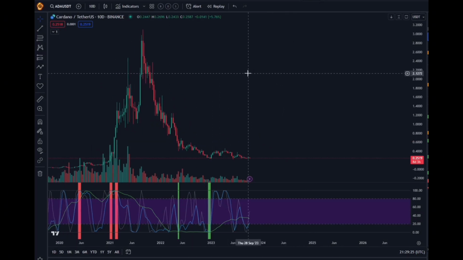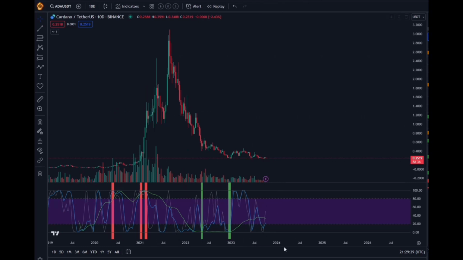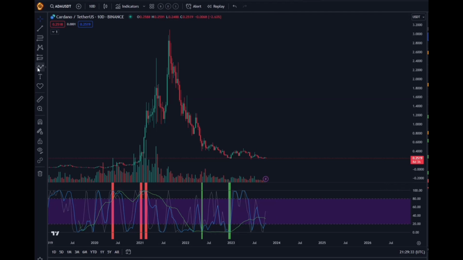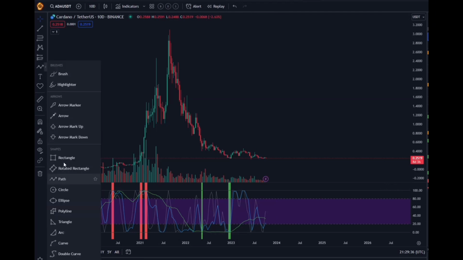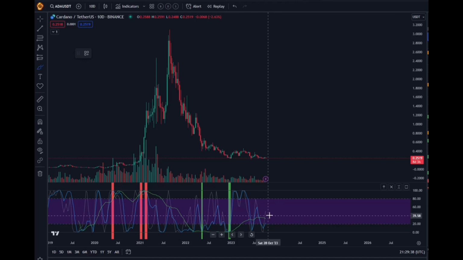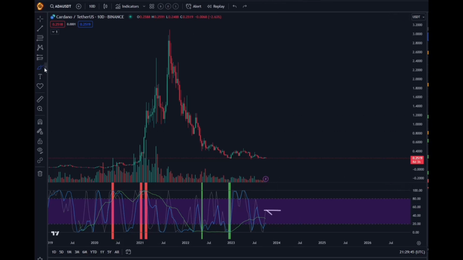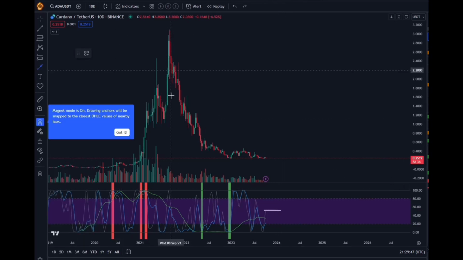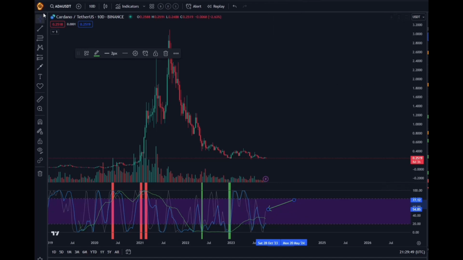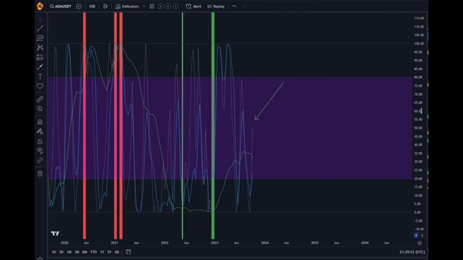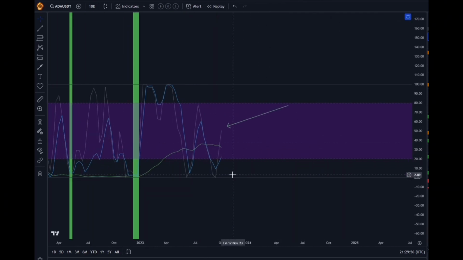Also on the MTF, this is not looking like the shapes I'm looking at. Why? Because the gray here is above blue, and this is also starting to look like it's gonna be curving down if you look at the green curve.